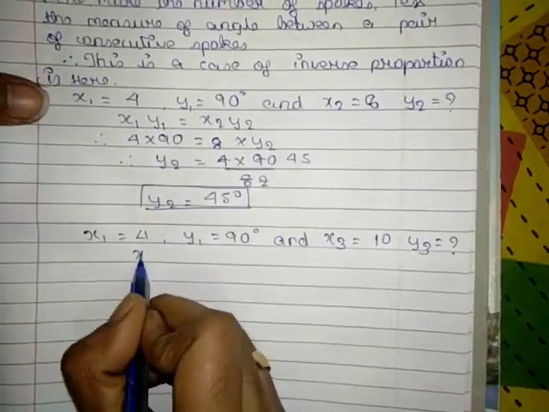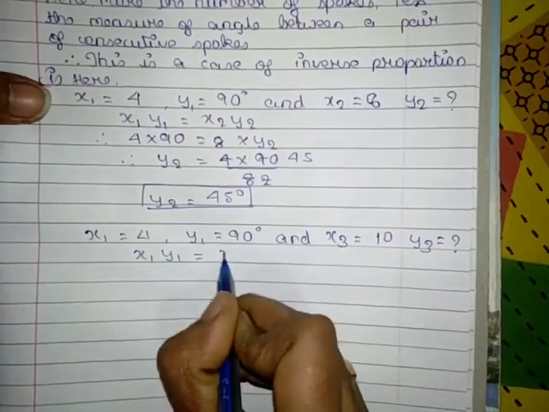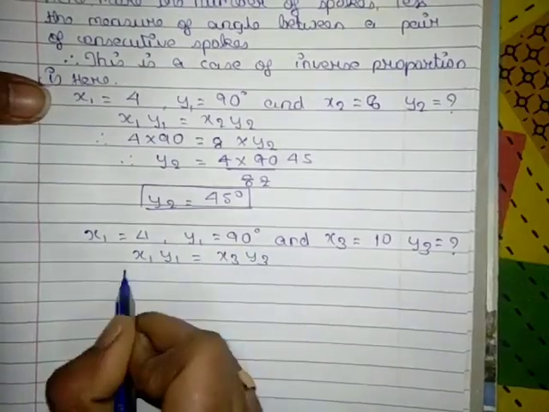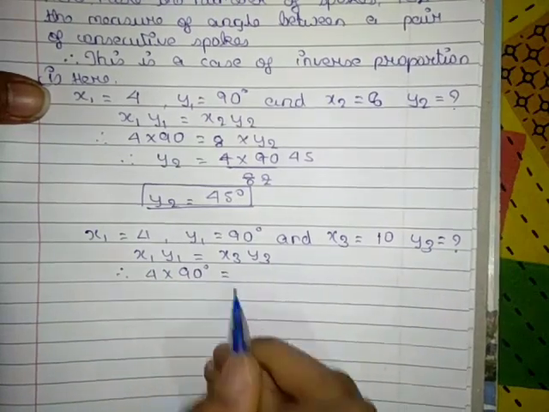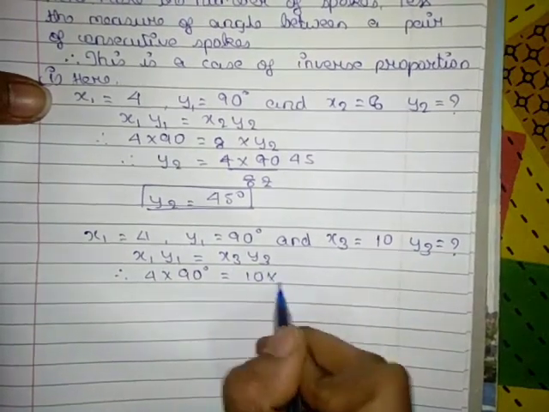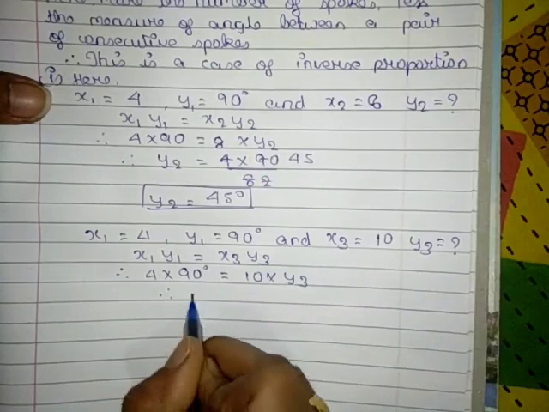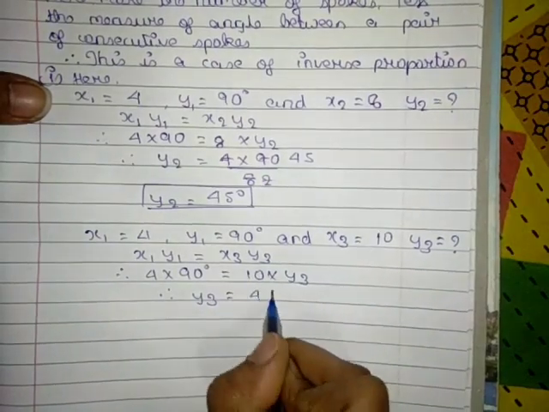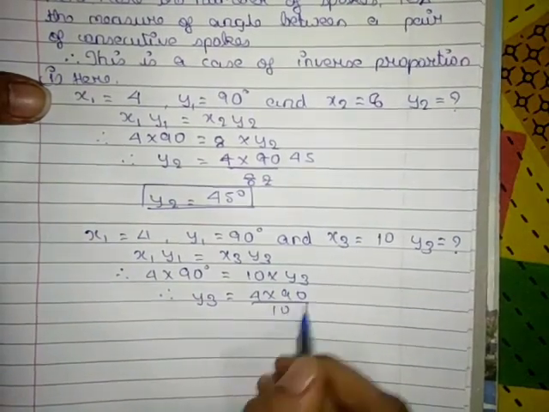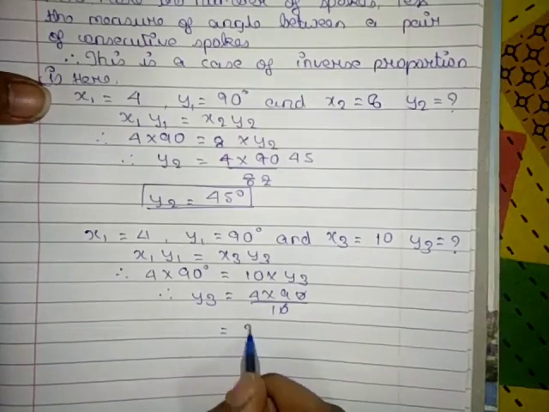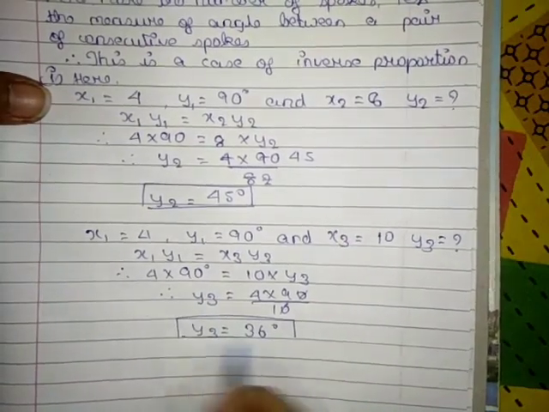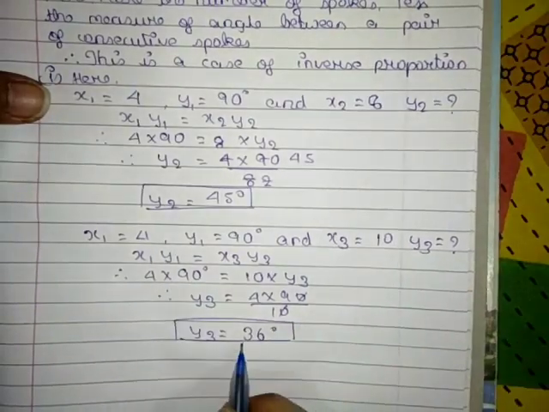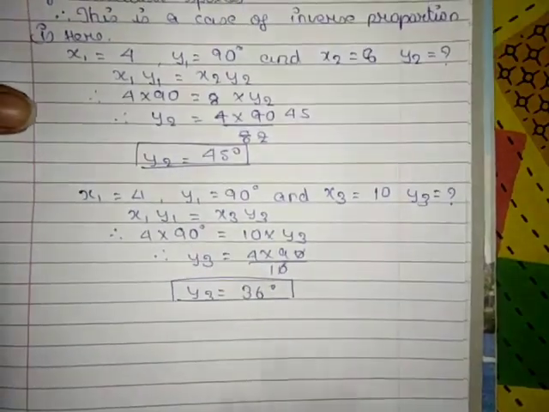Again the formula that we are using, x1 y1 is equal to x3 y3. 4 multiplied by 90 degrees is equal to 10 multiplied by y3. Therefore y3 will be equal to 4 multiplied by 90 divided by 10, that is 36 degrees. So when the number of spokes is 10, the angle between them will be 36 degrees.